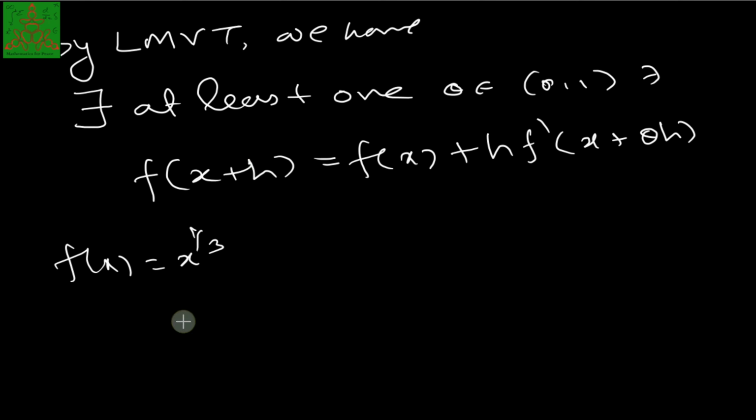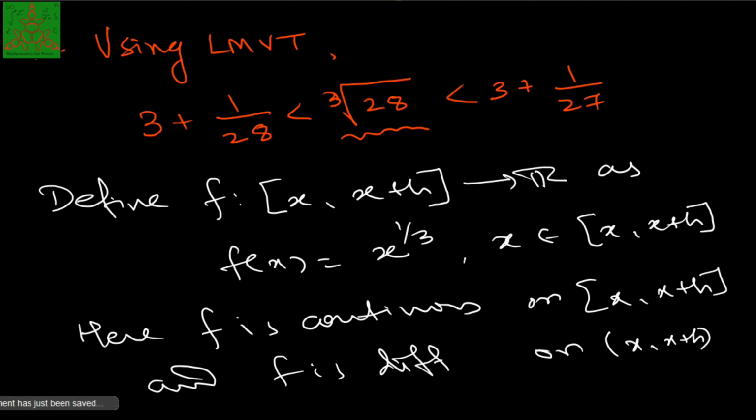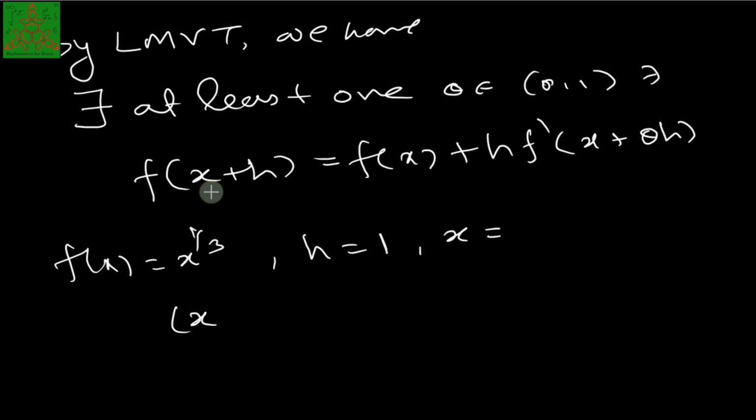So I am taking h equal to 1 here. And what should be the value of x? You just see what you have here, it is 28. So if I want this quantity, then x plus h should be 28. That's why I am taking x equal to 27 and h equal to 1, so this becomes 28.